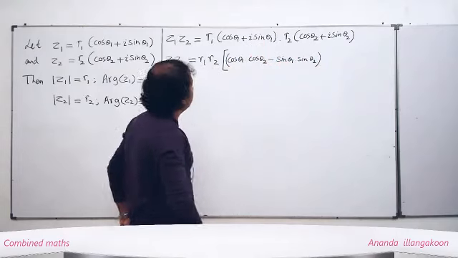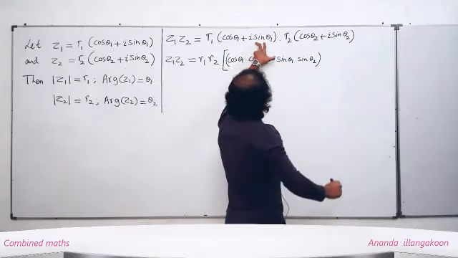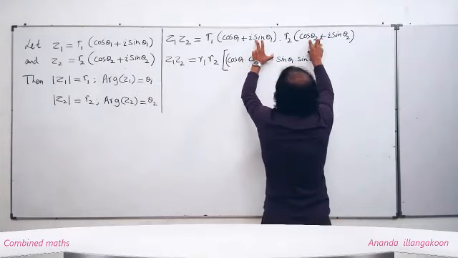And the next one: by this I sin theta 1 we multiply cos theta 2, and I sin theta 2 by cos theta 1.